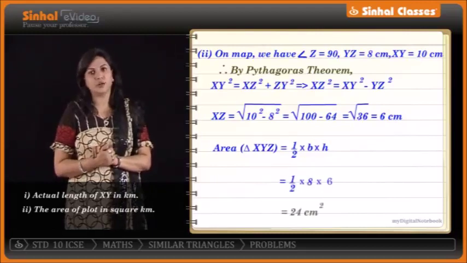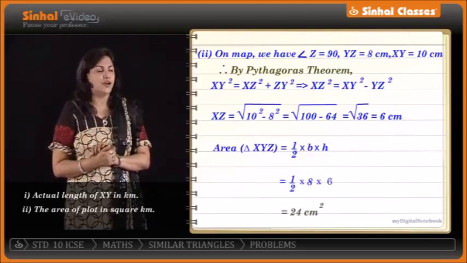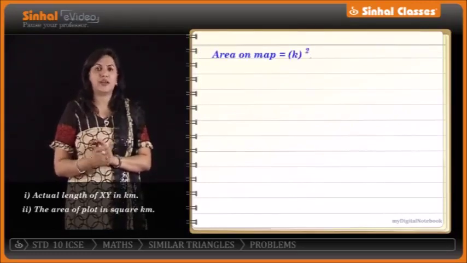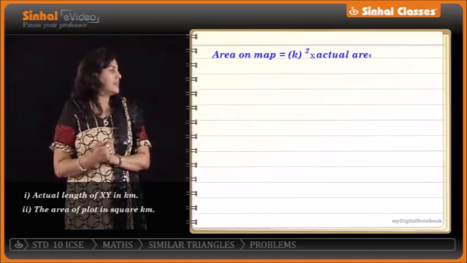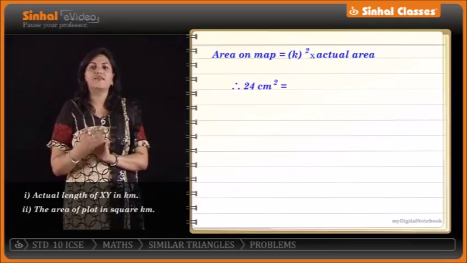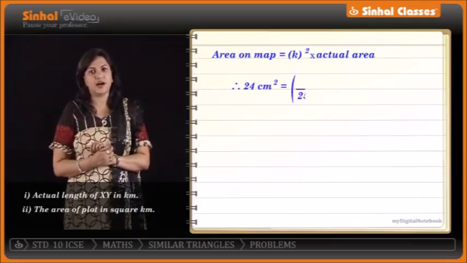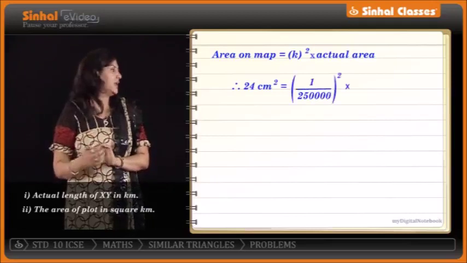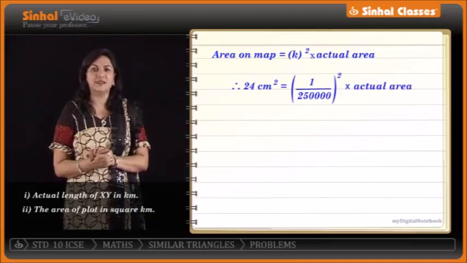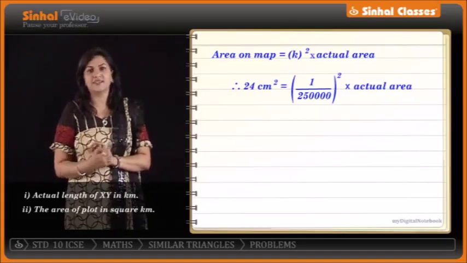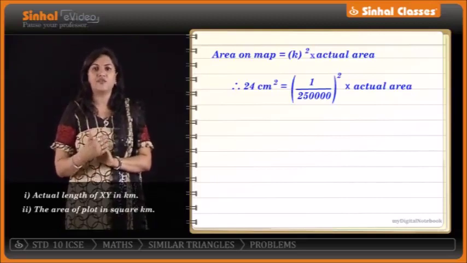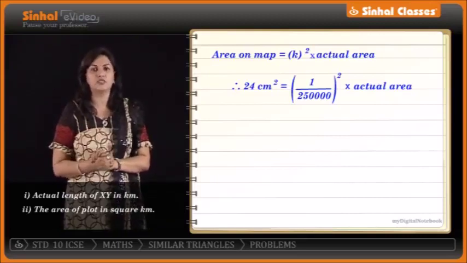Now by formula we will get area on the map is equal to k square times its actual area, that is 24 centimeter square is equal to 1 upon 2,50,000 the whole square into its actual area. But this is again in centimeter square. We want the answer in kilometer square. So now we will divide by 100 into 1000 the whole square.